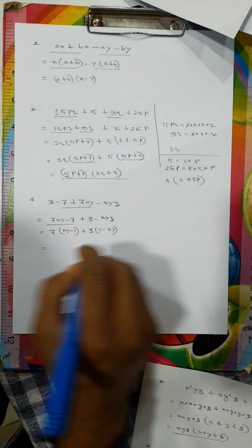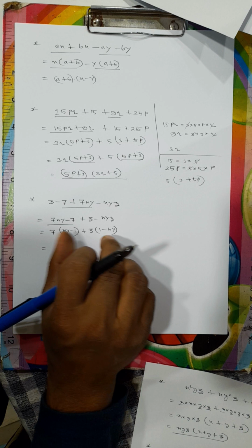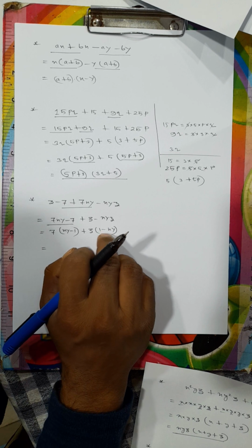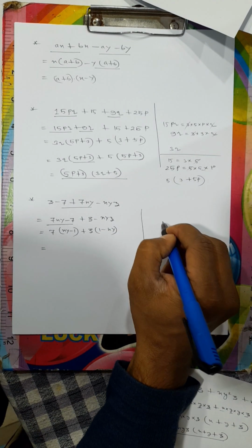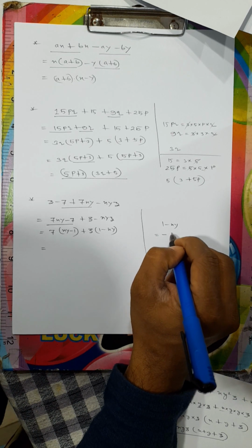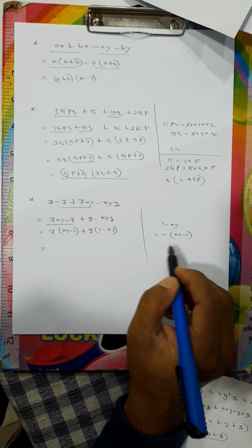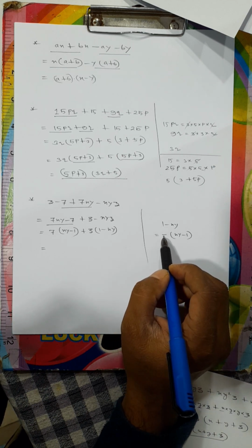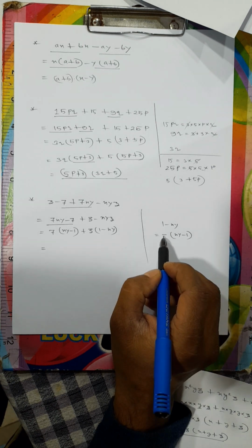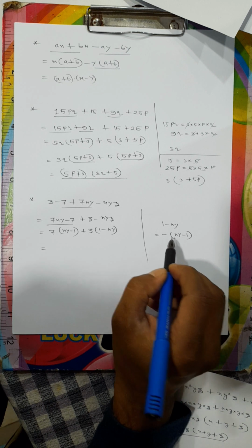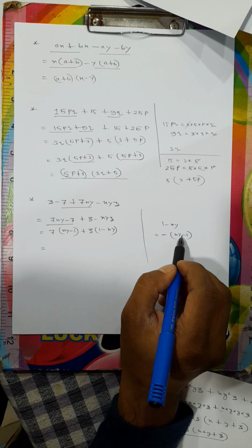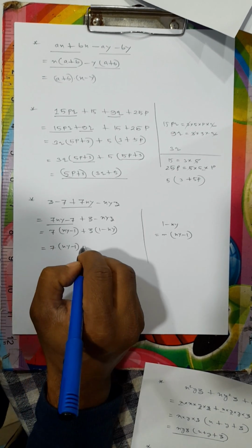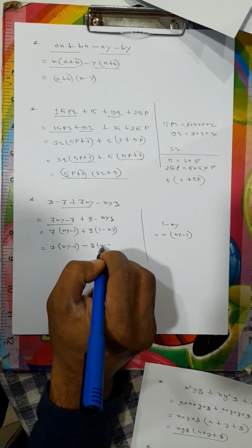Now you see, we can group them. We can write it as xy minus 1 like this. 1 minus xy, we can write it as minus xy minus 1. If you reverse the order, then we'll put the minus symbol outside the bracket. You see, again if you do the reverse thing, you'll get minus xy, minus minus plus 1. Same thing you can do here: 7 into xy minus 1 minus z into xy minus 1.